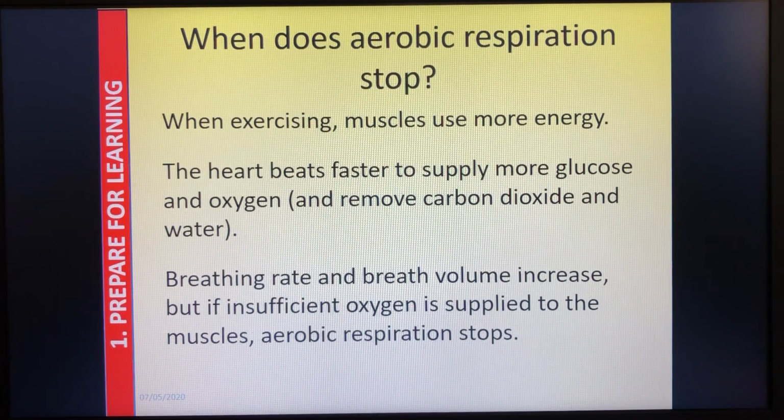The heart beats faster to try and get more of that glucose and oxygen to the cells, and also remove those waste products, the carbon dioxide and the water. And our breathing rate, so how many breaths we take per minute, and the breath volume, so how much we breathe in each breath, increases. But if there is insufficient oxygen supplied to the muscles, aerobic respiration will stop and anaerobic respiration will take place.